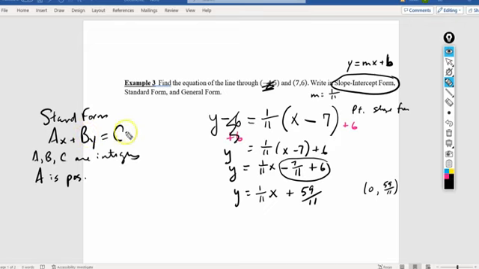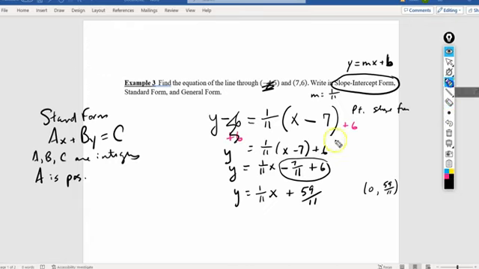And these have to be coprime. What do I mean by coprime? You cannot have this because they all have a common factor. They're not coprime. They all have a common factor, which happens to be 2. So if I divide everything by 2, now that's in standard form. Okay, that's what it means by coprime.